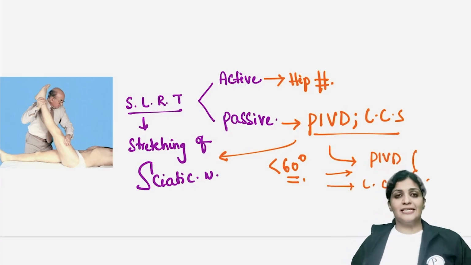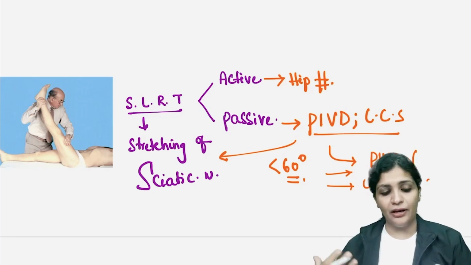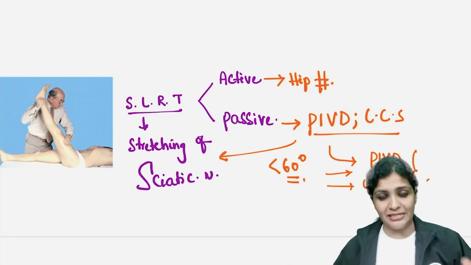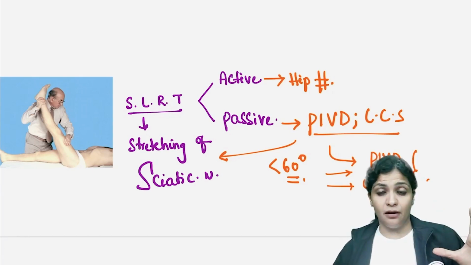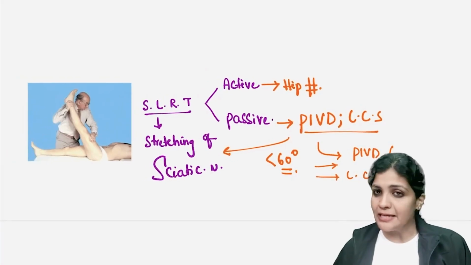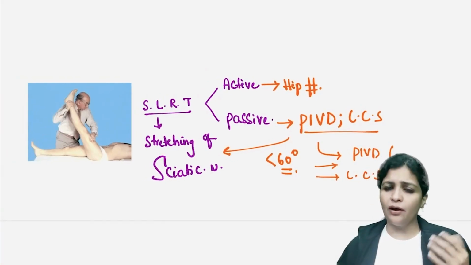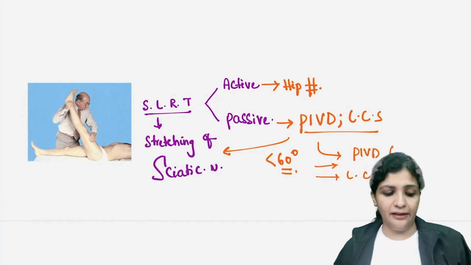If it is more than 60 degrees, then you have to examine again and look for other options. But if it is less than 60 degrees of limb elevation and the patient is wincing with pain, it is an indication that the patient might have a PIVD or a lumbar canal stenosis, or there is some irritation of the sciatic nerve, right?